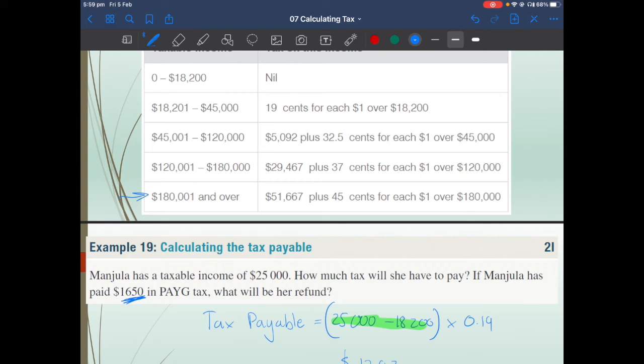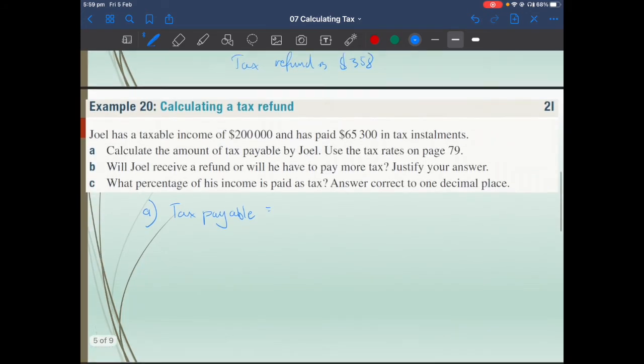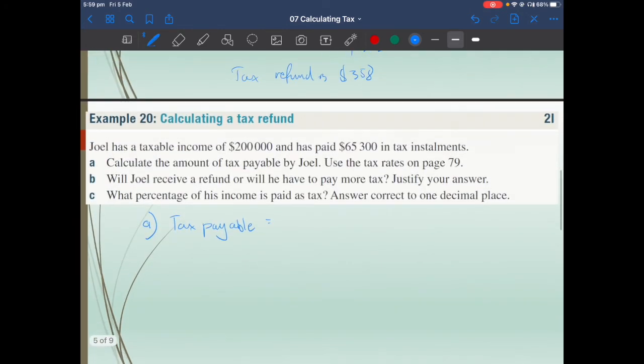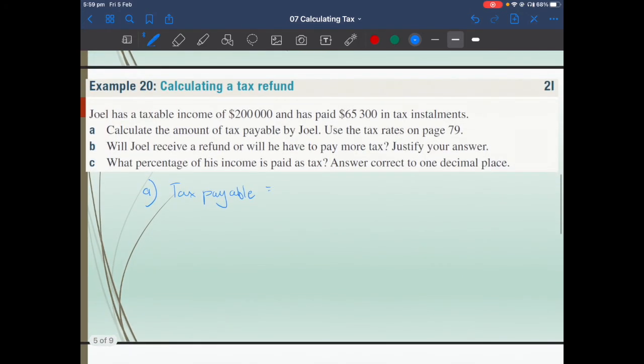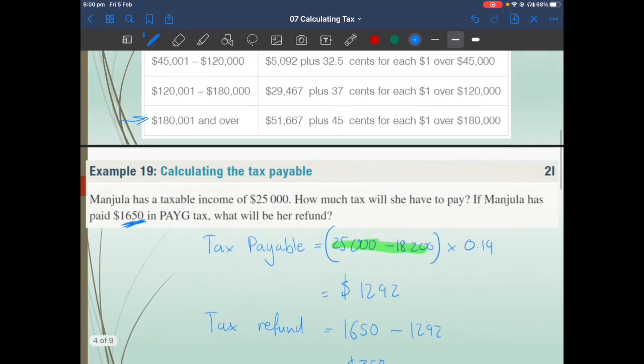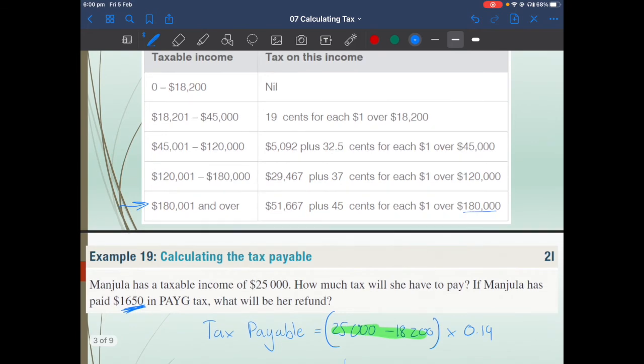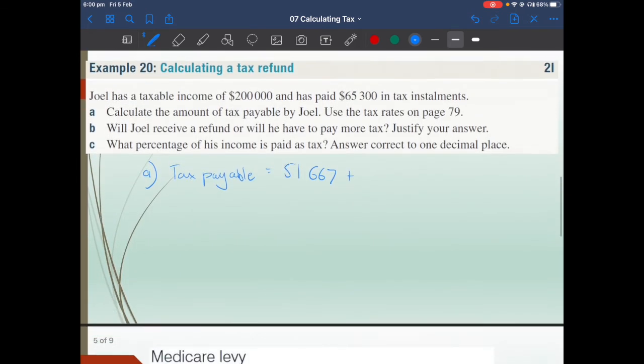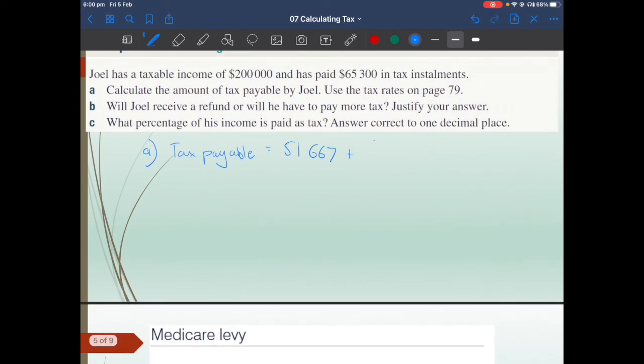So that means he pays a flat rate of $51,667. He pays this flat amount. And then for every dollar over 180,000, he pays 45 cents. So this next part of the calculation is going to be the same as our first one.